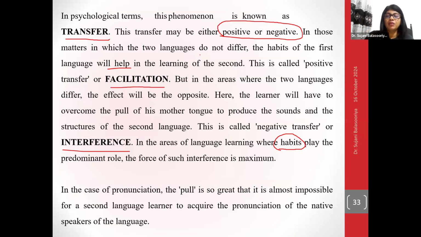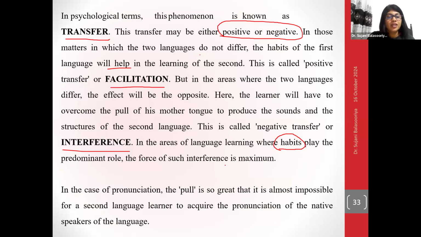Actually, habit formation comes in behaviorism, which is presented as a first language acquisition theory. But if habits play a predominant role, then the force of first language interference is very high, it's maximum.